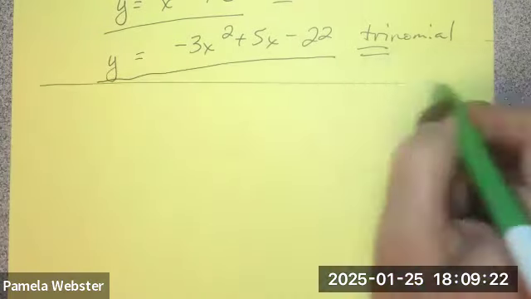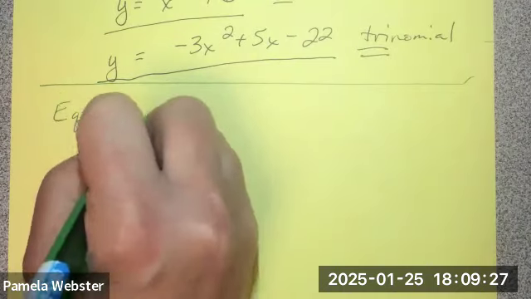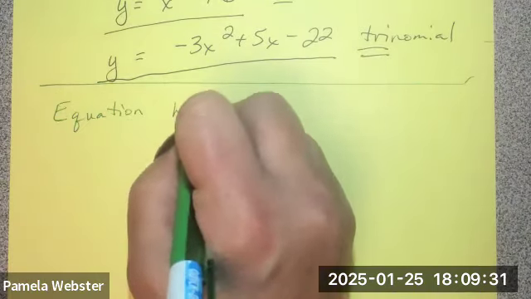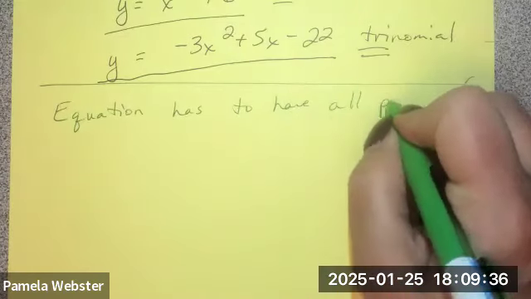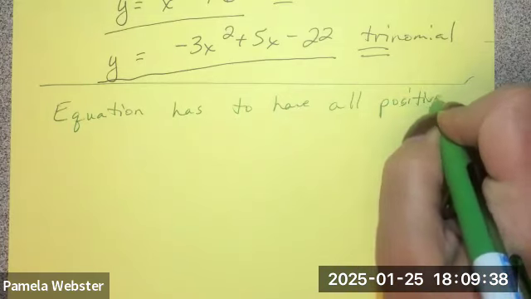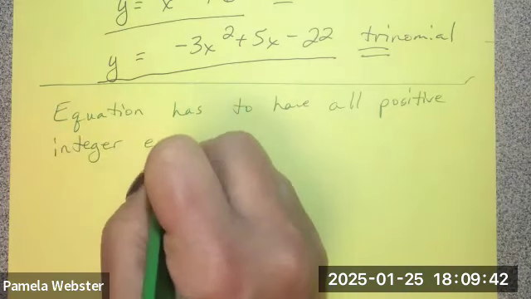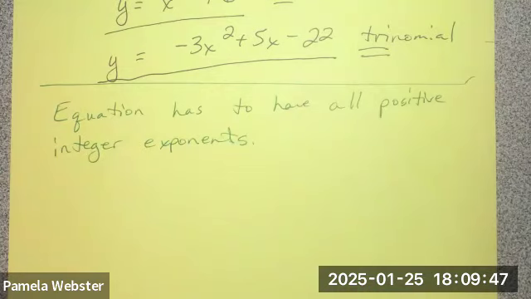There have to be a few little caveats about this. Our equation has to have all positive integer exponents. We'll see in the next little video why, if they're not positive integers, they're not polynomials. They fall into a different category.